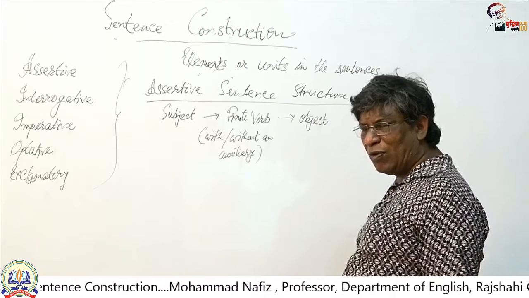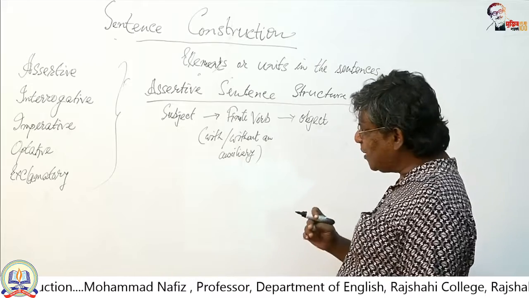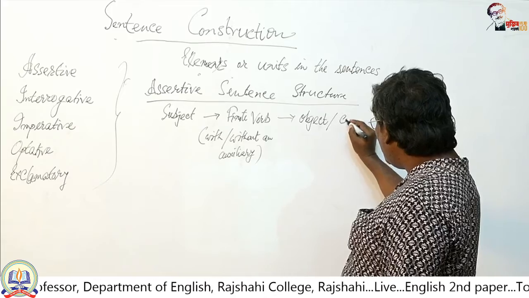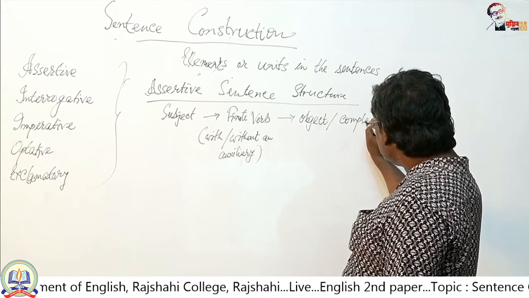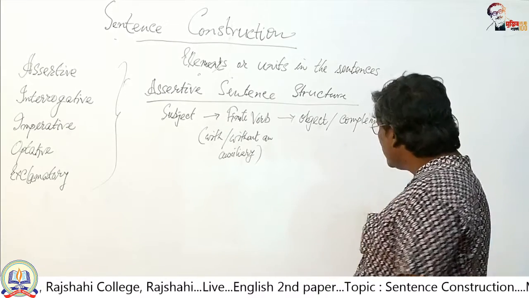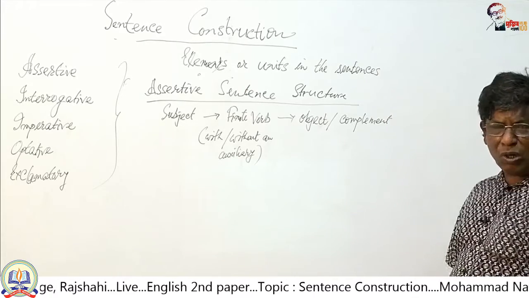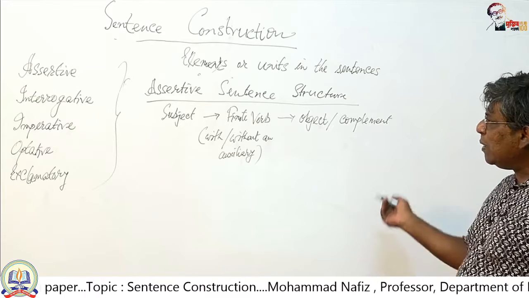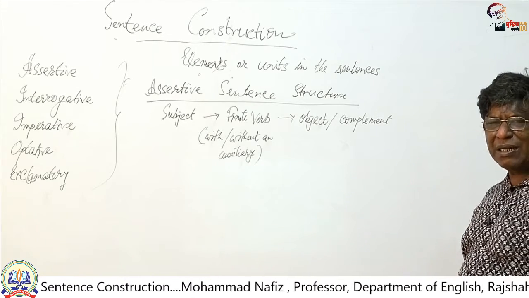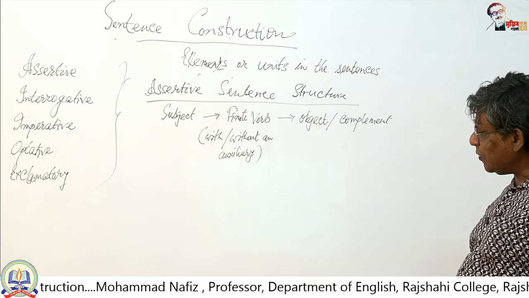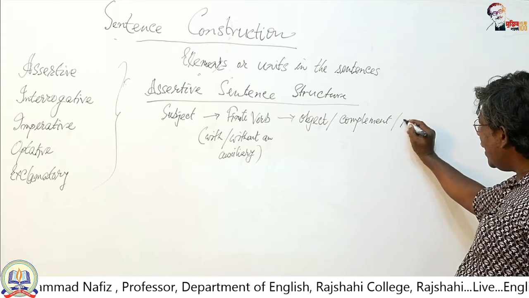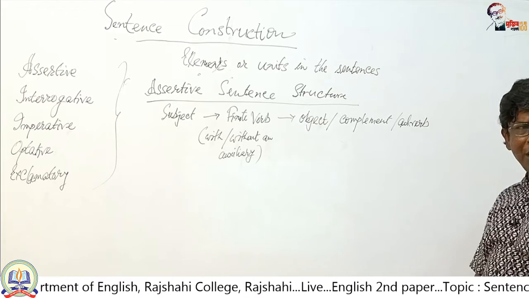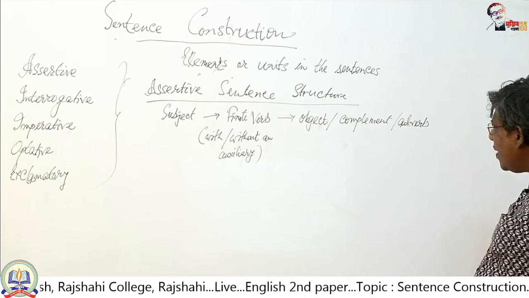object means a noun or noun phrase which can be used as the subject when the sentence or clause is made passive, or complement means a noun or an adjective or a noun phrase or an adjective phrase which gives the identification or which modifies the subject, or adverb where, when, how, why, or how long, how far the verb is done.